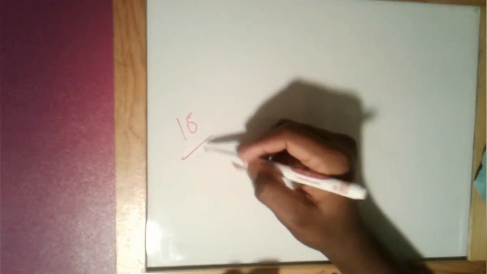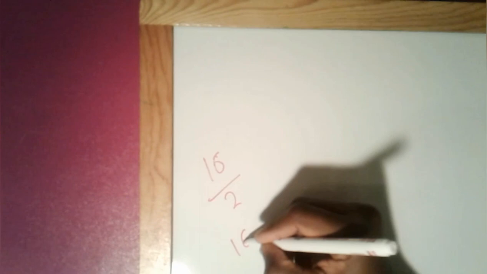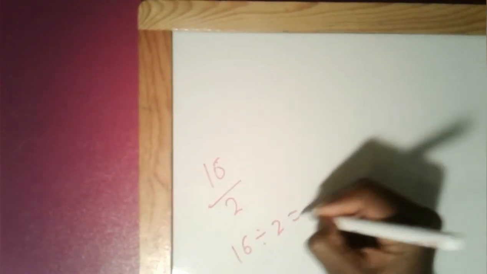So I'm going to show you how to reduce it. No, I'll do it in another video. But you must divide the number on the top by the number on the bottom. So the answer was 16 over 2. So we must divide 16 by 2, and when you divide, you put it on a line like that, it's 8.